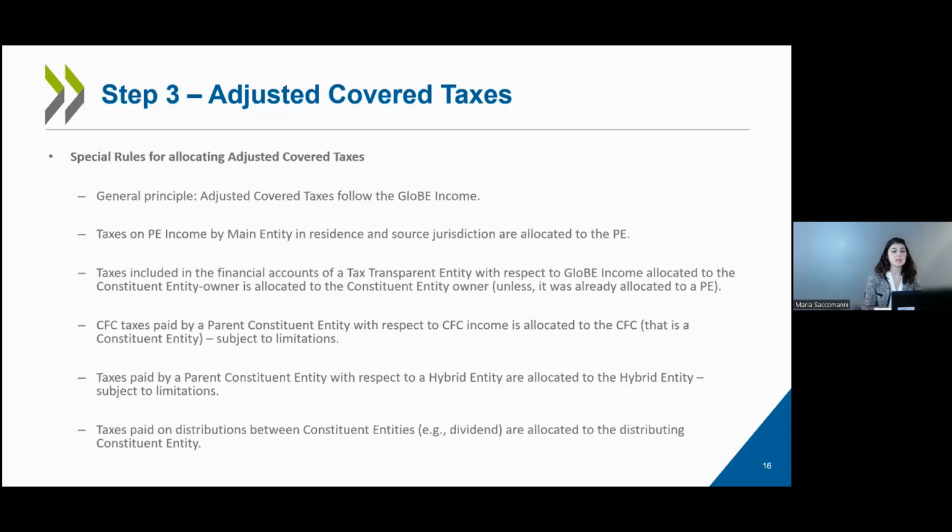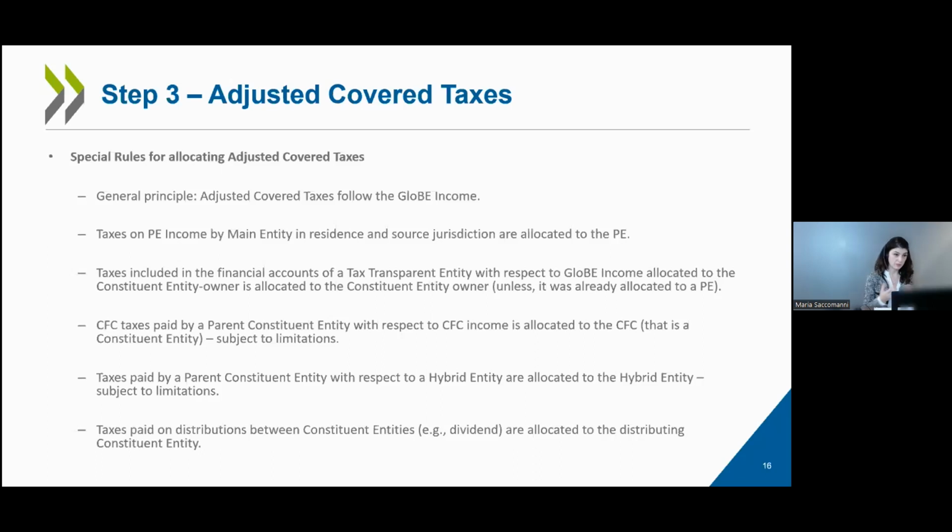As for the CFC taxes, the principle is the same. We have a CFC push down of the taxes paid at the level of the parent. And without entering into very much detail, there is a rule that says that such push down shall be limited to the amount of taxes that are actually levied by the parent on the passive income of the CFC.